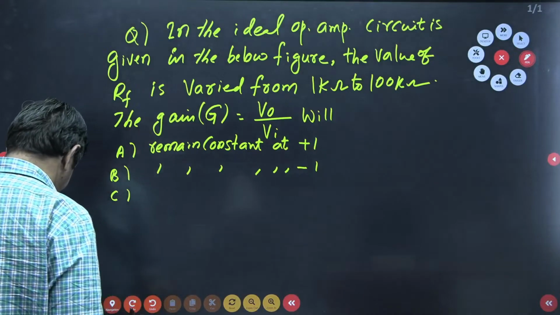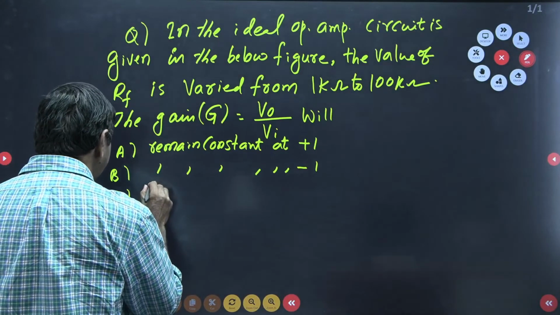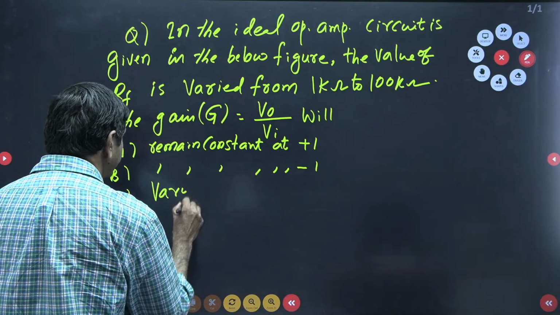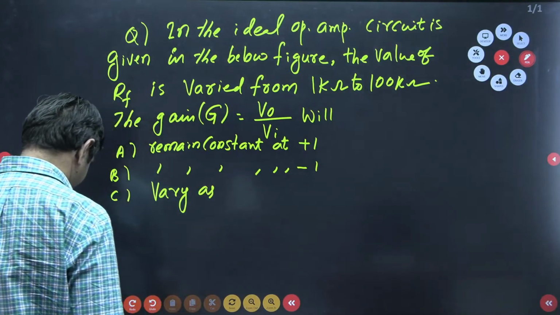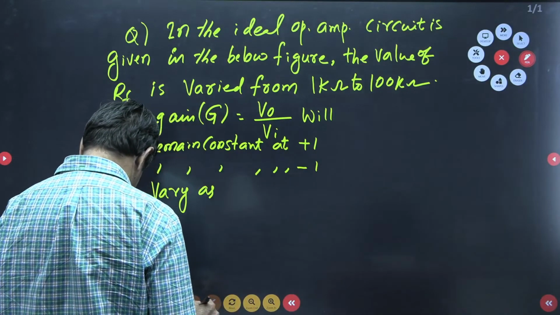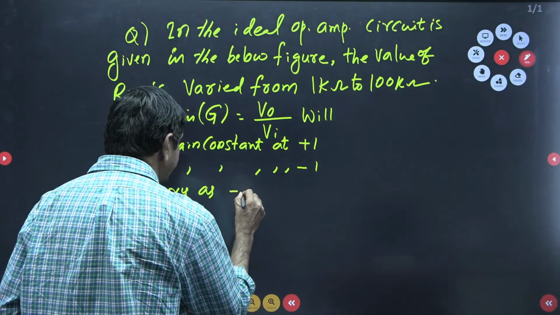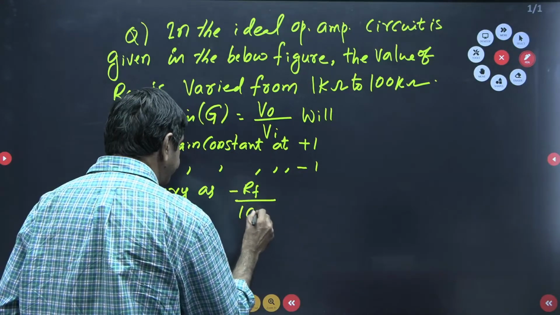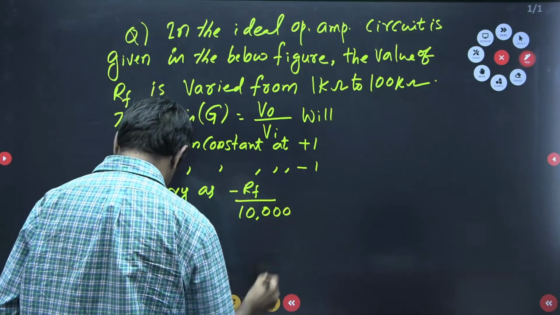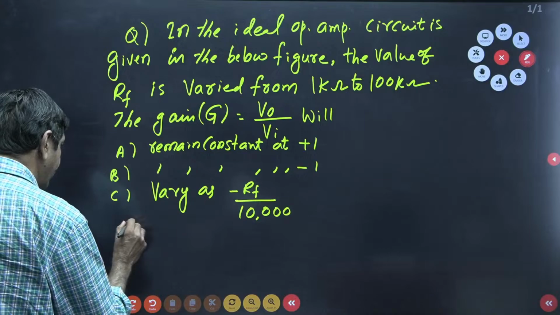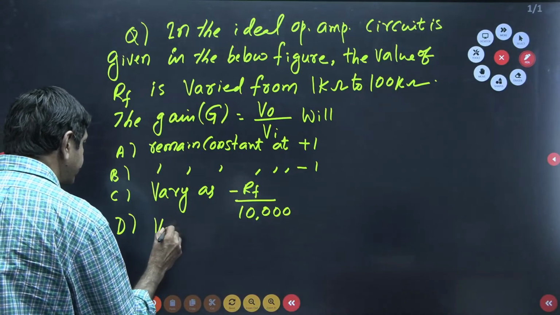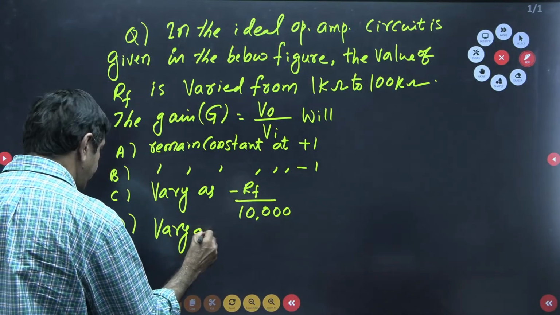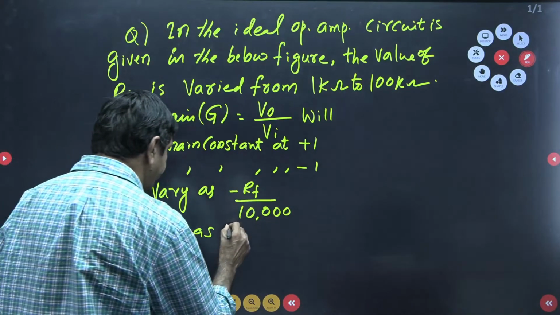Option C is given. Vary as minus RF by 10,000. Vary as 1 plus RF.